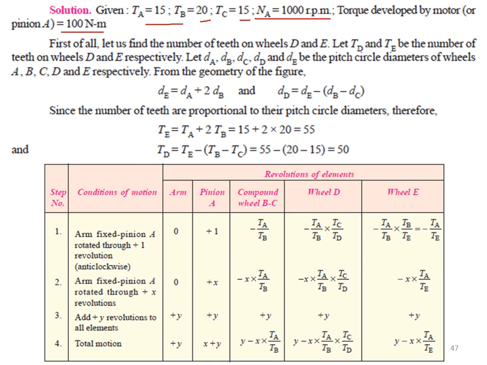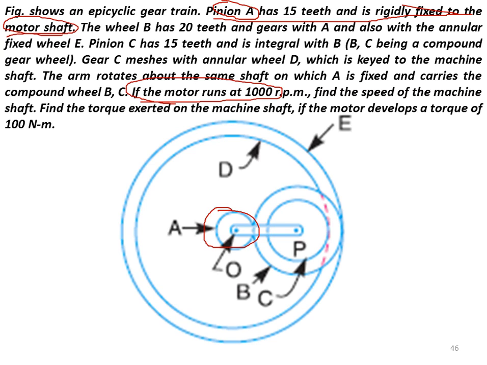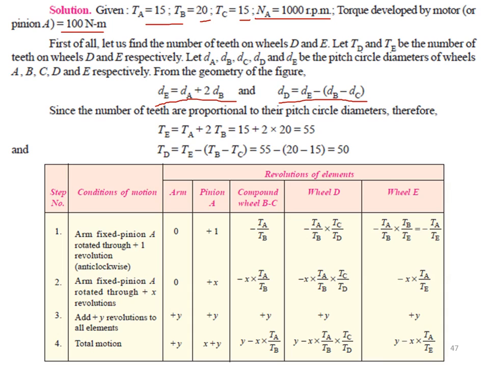And from the relation, dE equals dA plus 2 times dB, and dD will be equal to dE minus dB minus dC. So go through the figure here, and from there you can understand how, if you want to get the radius, you have to use this relation.